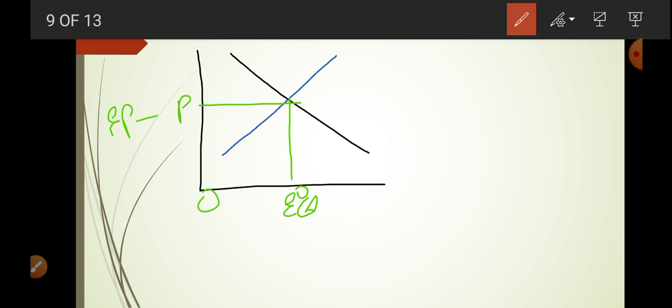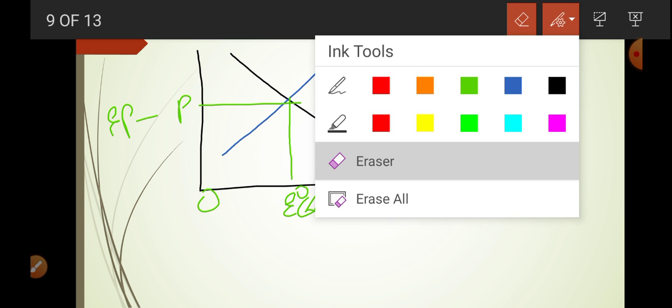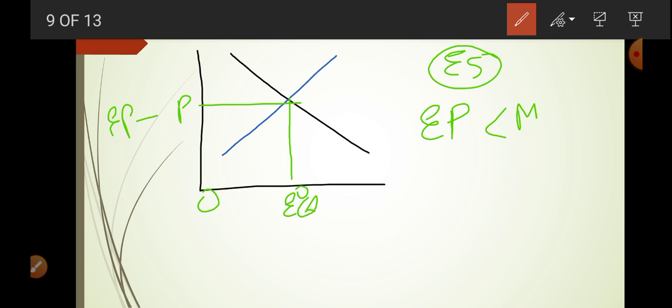Now excess supply exists when equilibrium price is less than market price. Now market price is P1.